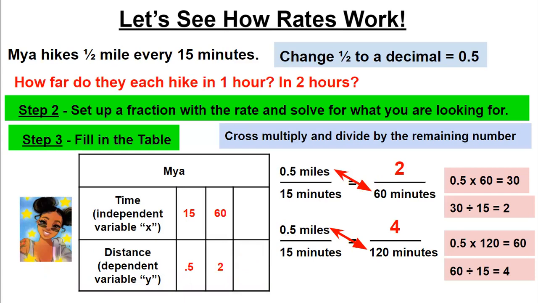Okay. And then our last time is 120 minutes. And that equals 4 miles. So that's how far she goes in 2 hours, 4 miles. Okay, we've done that for Maya now. We've made a chart. Now we need to do this for Anaya.